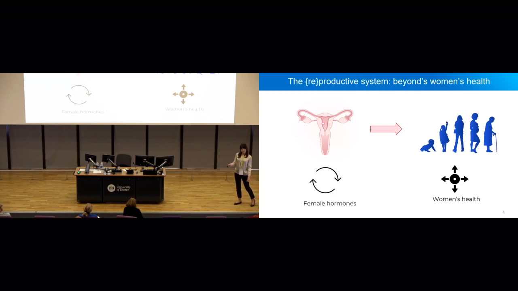Reproductive organs are essential for the perpetuation of the species, as they enable genetic information to go from generation to generation, but they also have a crucial role in women's health. A clear example is endometriosis, where uterine-like cells grow outside the uterus, and that causes a painful disorder that affects 10% of women of reproductive age. I'm sure all of us know someone with endometriosis.